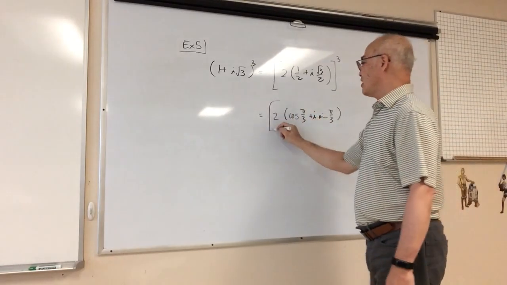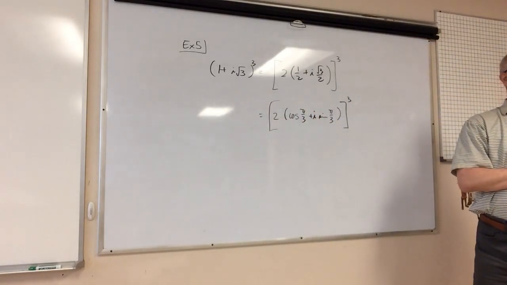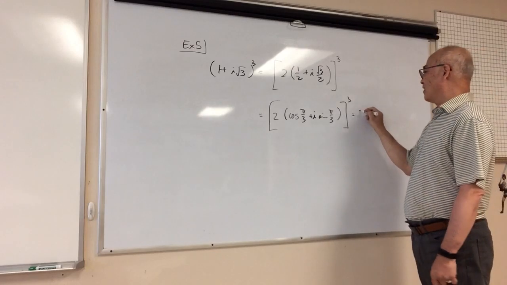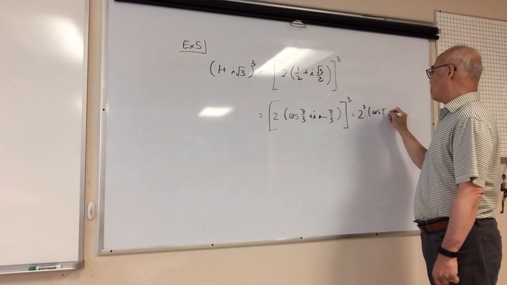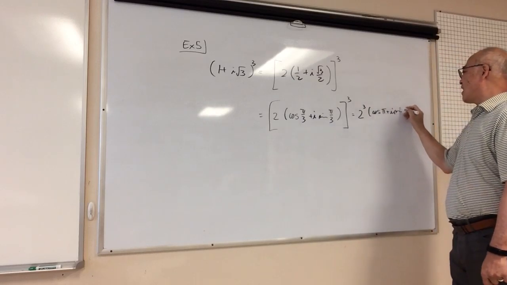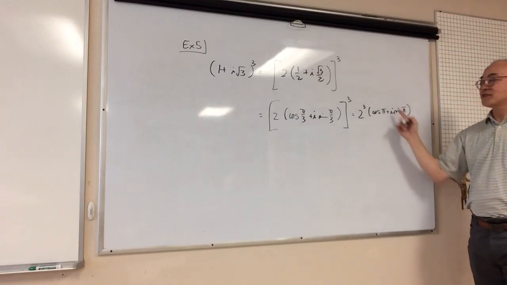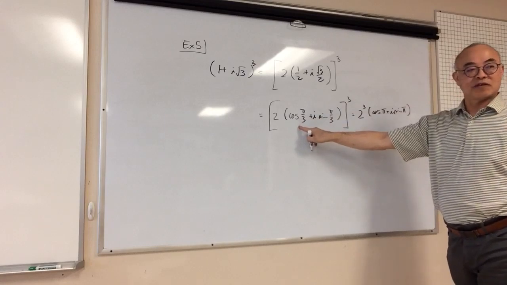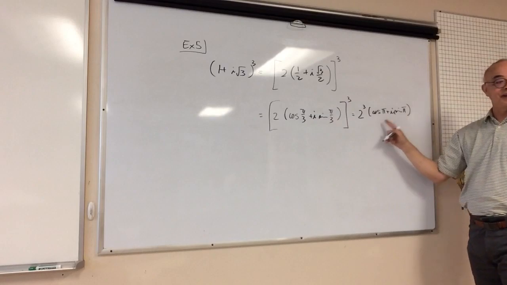And I'm going to do it to the third, which is pretty simple, right? 2 to the third times cosine pi plus i sine pi, because the 3 goes into here. Pi over 3 times 3, so it's pi and pi.